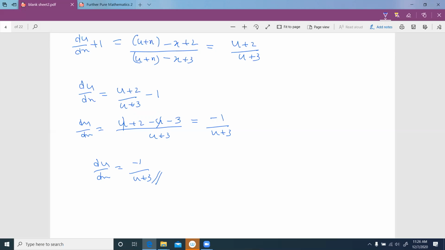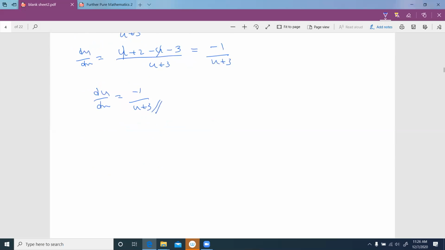Then part B, they ask us to solve this equation. So what you can do here is take the u terms to one side: u plus 3 du, sorry, u plus 3 du is equal to minus 1 dx. Then we'll integrate both sides. Then what you get is u squared over 2 plus 3u is equal to minus x plus c.